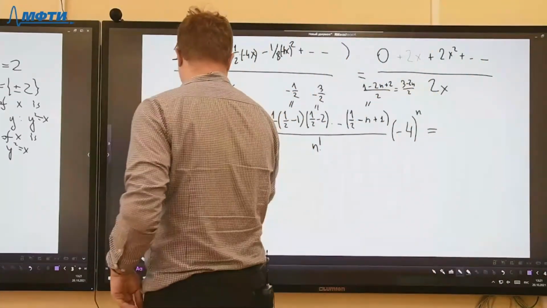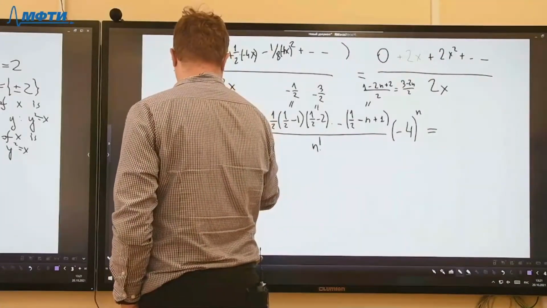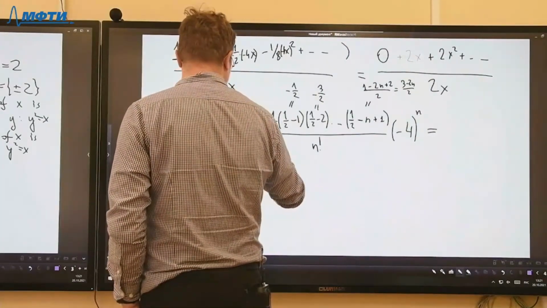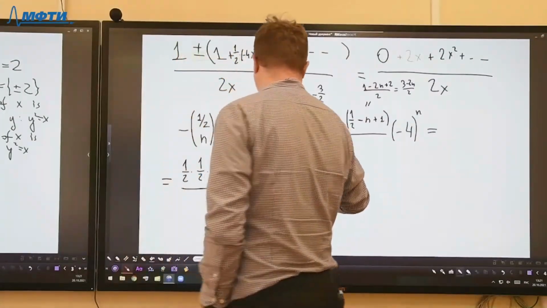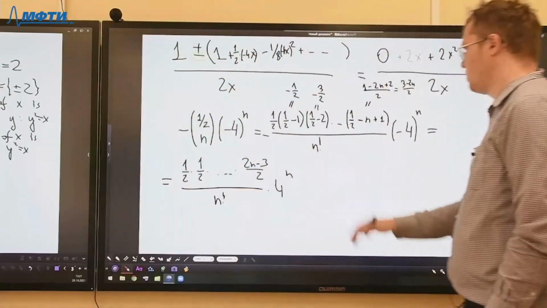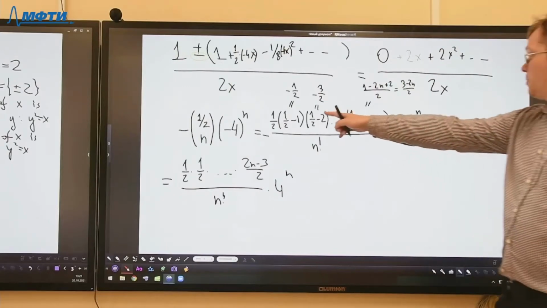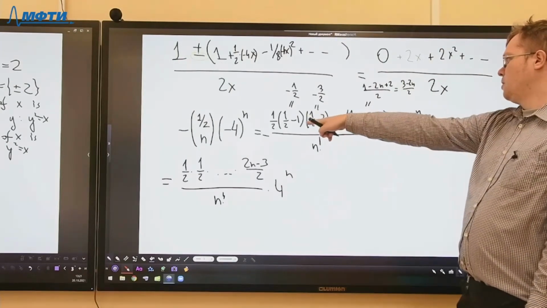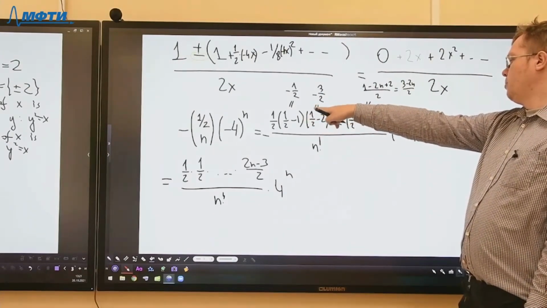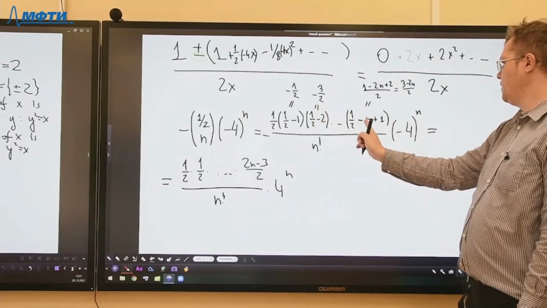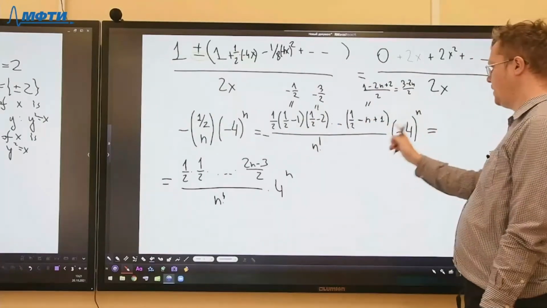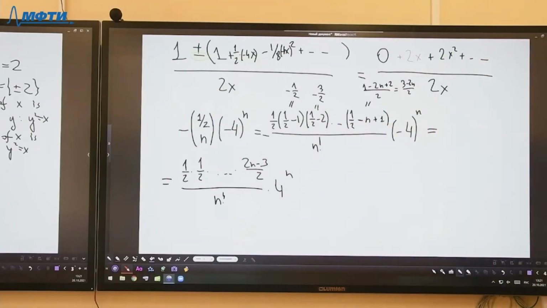And I have 1 over 2 times 1 over 2, etc., times 2n minus 3 over 2, over n factorial times 4 to the power n. I get rid of the minuses because all the numbers inside the brackets are negative, but we have n minus 1 negative signs. With this sign and these n signs, we'll have positive numbers. And this is good because we should have a positive number here.